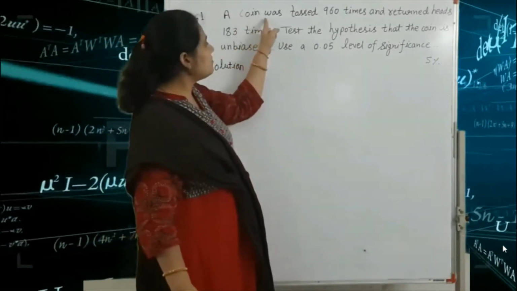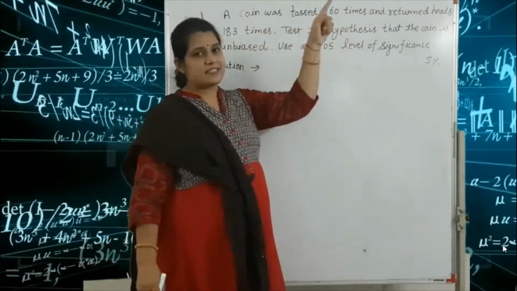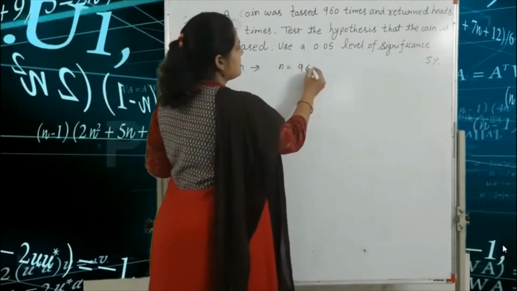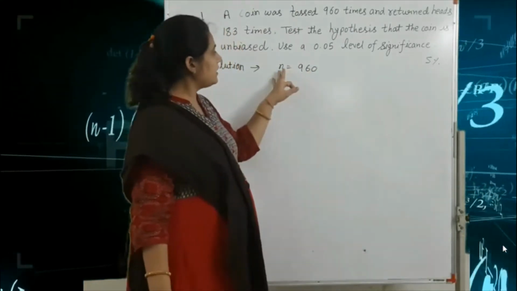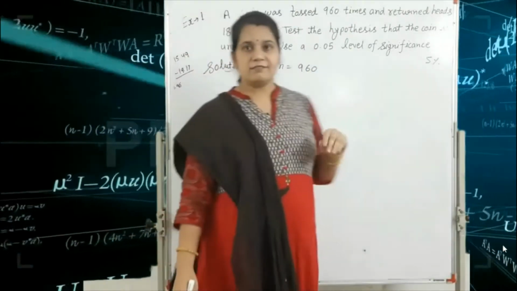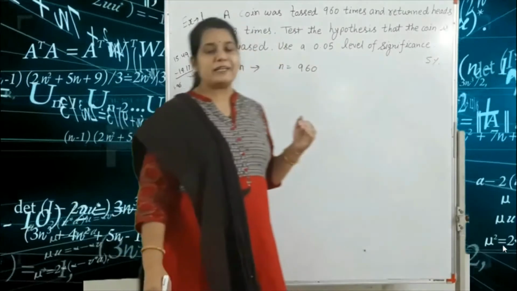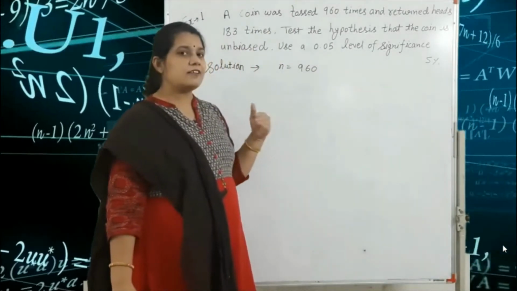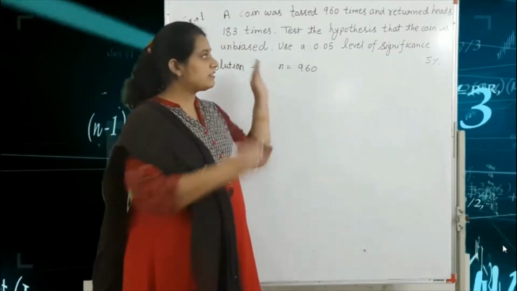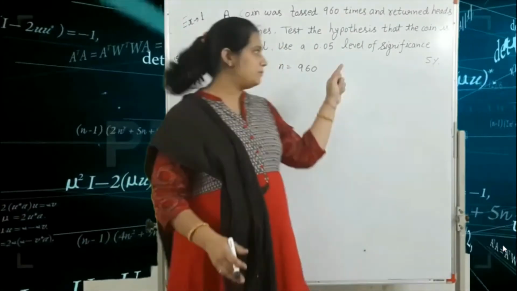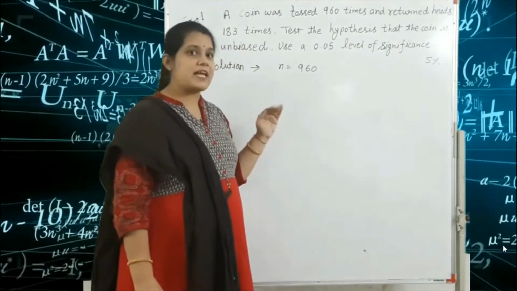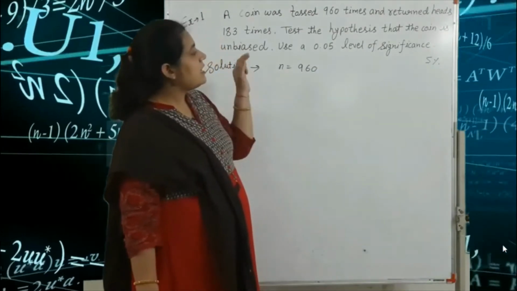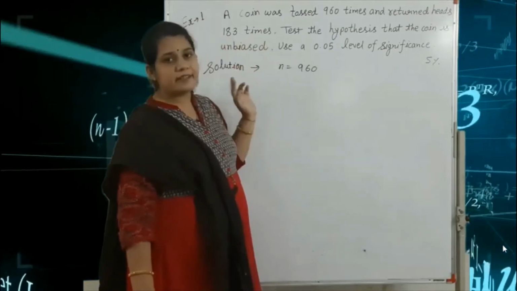A coin was tossed 960 times, so here n is equal to 960. Here n is greater than 30, 960 is greater than 30. That means for solving this question, our final answer is compared with a table, with 5% level of significance and the two-tailed test.